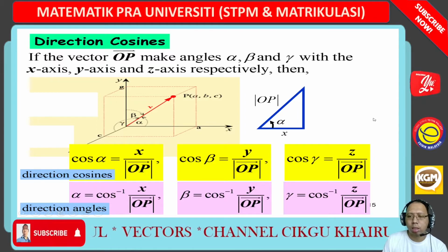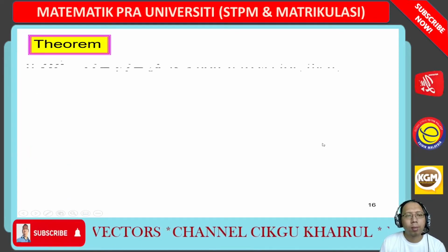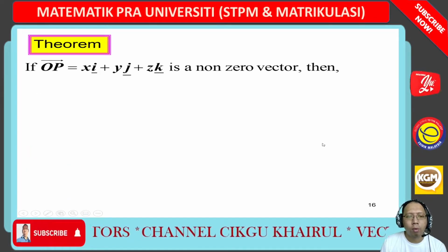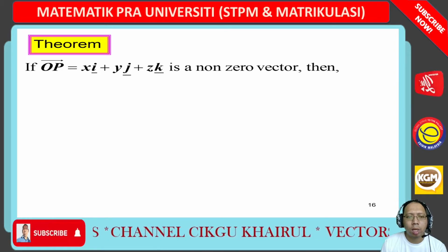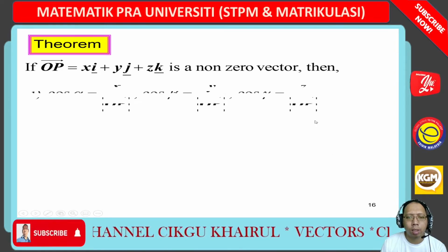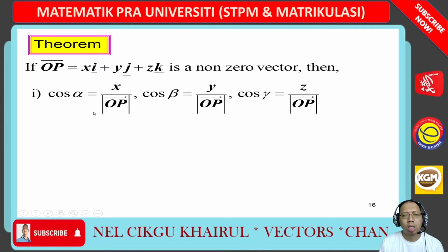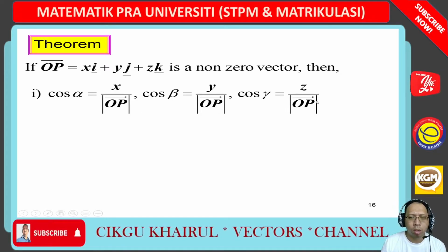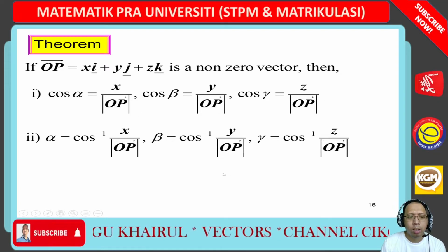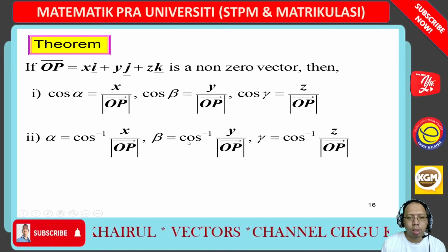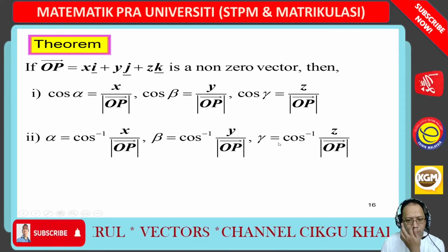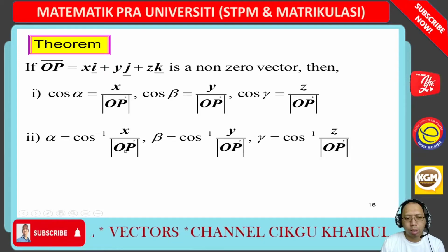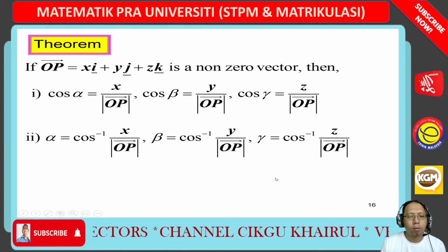So we see the example. If OP, xi, yj, and zk, is a non-zero vector, then cos alpha, cos beta, and cos gamma are given by this. And alpha, beta, and gamma, the angles, we can find according to this formula.